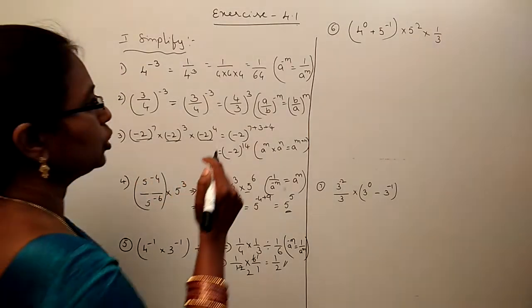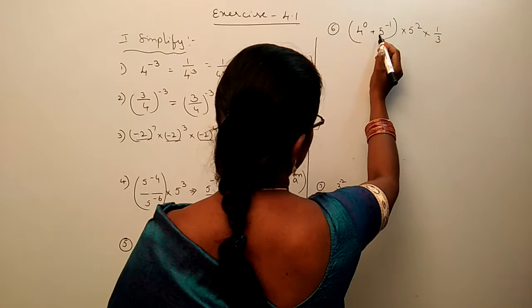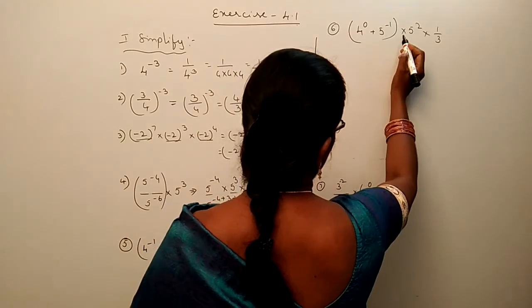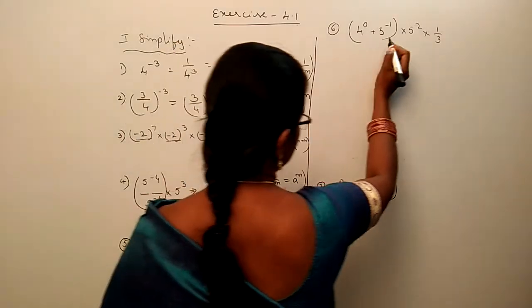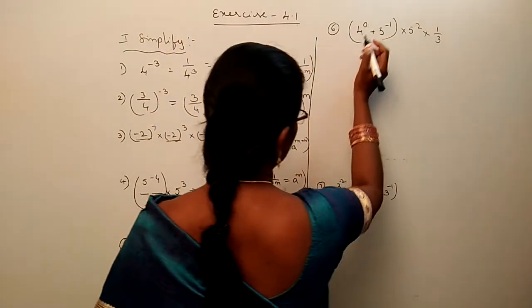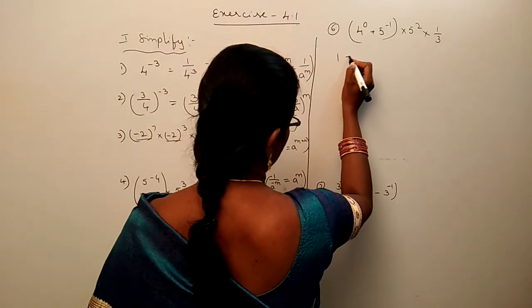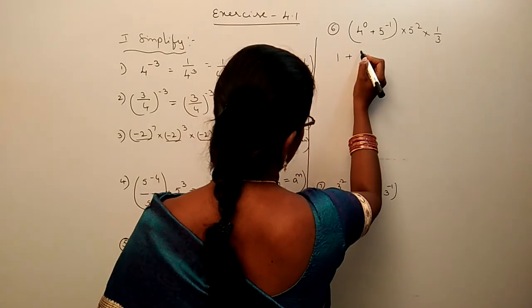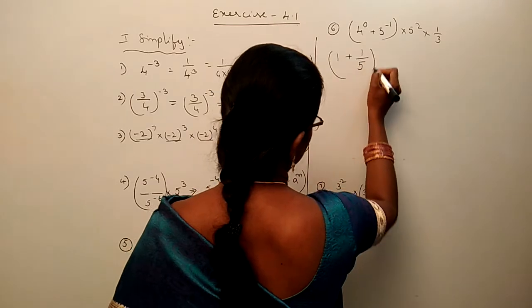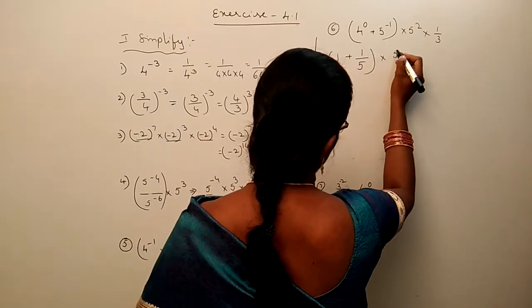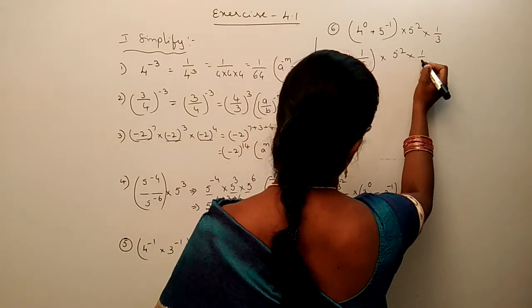Next, 4 to the power of 0 plus 5 to the power of minus 1 into 5 square into 1 by 3. First we have to change bracket 1. 4 to the power of 0, 1, plus 5 to the power of minus 1 means 1 by 5, into 5 square into 1 by 3.